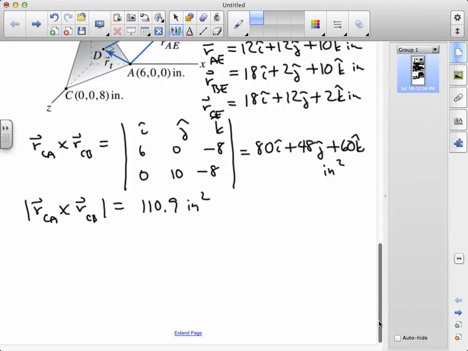So our unit vector, which is RCA cross RCB divided by its magnitude, ends up being 0.7212I plus 0.4327J plus 0.5409K.